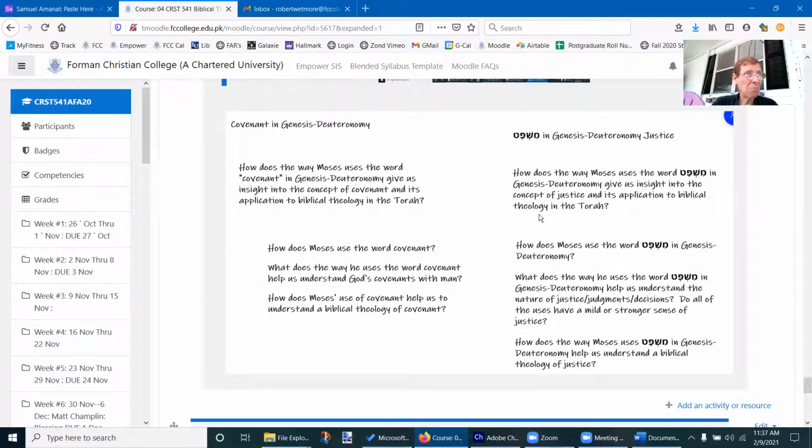And you can either have the points under it. Probably it's best to have them all as questions. The reason it's good to have them as questions is because if you write them as questions, it forces you to make sure that you're asking the right things. But remember, the questions are specifically asking questions that fit, how does Moses use the word covenant?